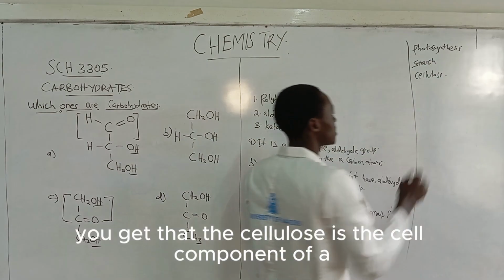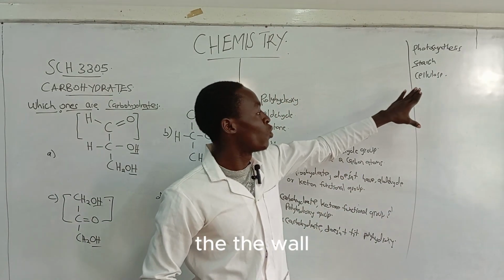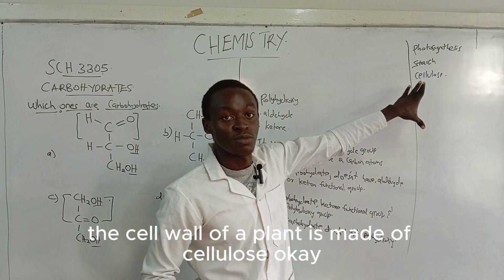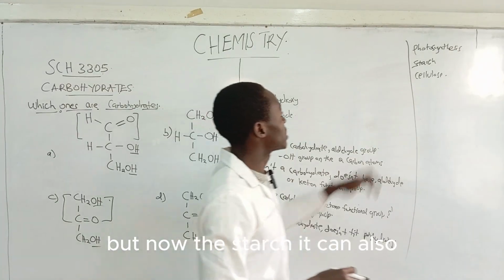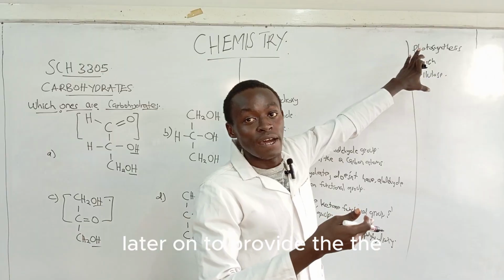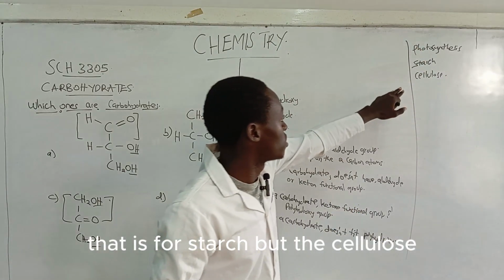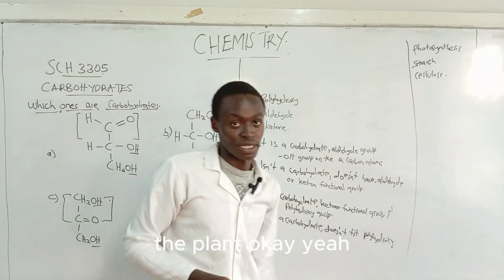Cellulose is the cell component of the plant; the wall of the plant is made of cellulose. But the starch can be stored, later providing the plant with energy. That is for starch. But the cellulose makes up the cell component of the plant.